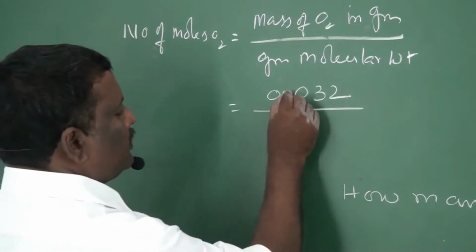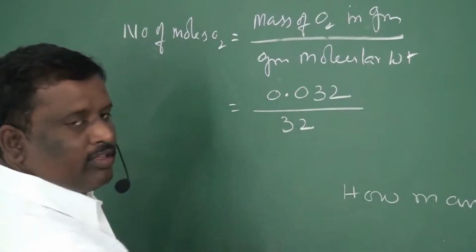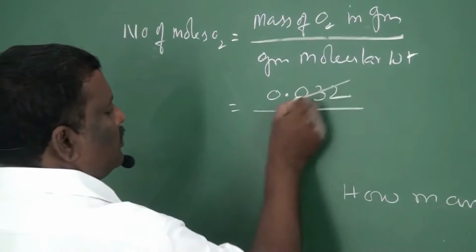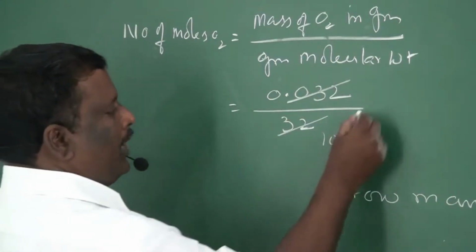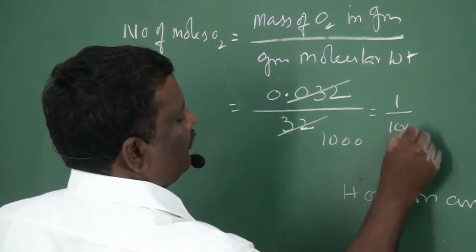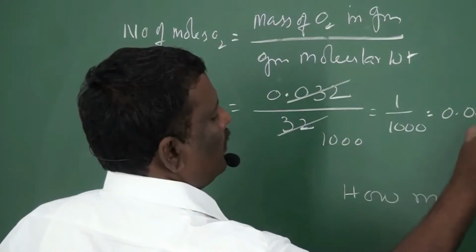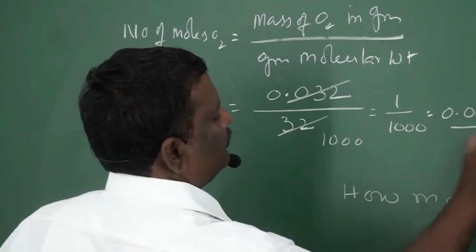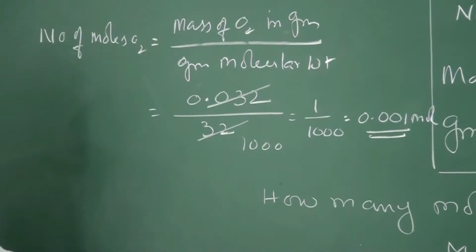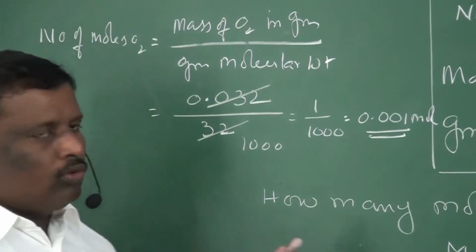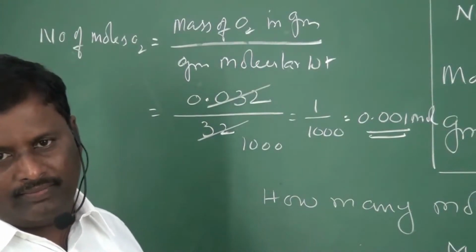So this 0.032, you have to divide it by 1000, that means 1 by 1000, or it will be 0.001 mole.